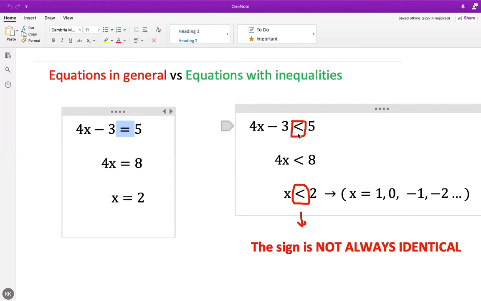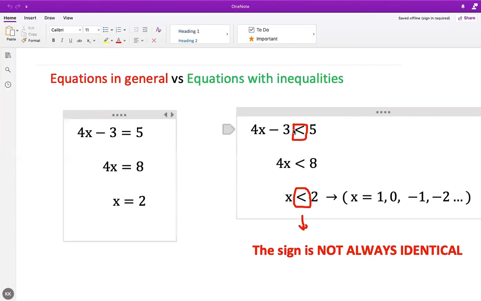Usually we have less than or greater than symbols. When we solve the equation for x, I just need to move all the numbers to the other side. So we have 5 plus 3, so we have 8 equals 4x. When I divide by 4 on both sides, I get x equals 2. This is what we usually do.